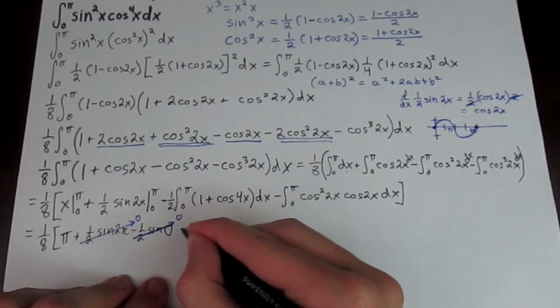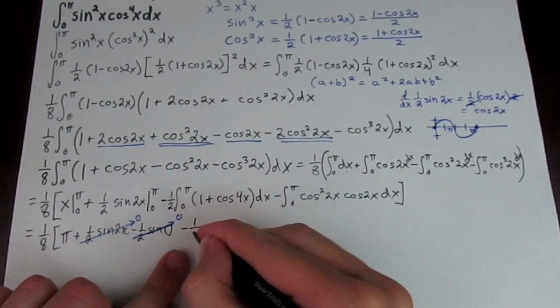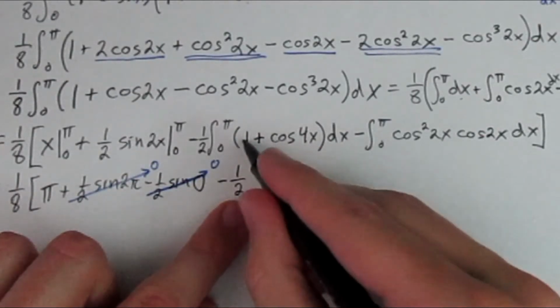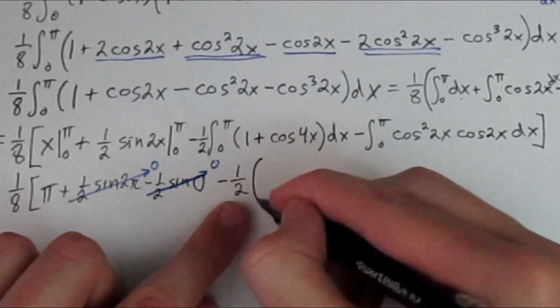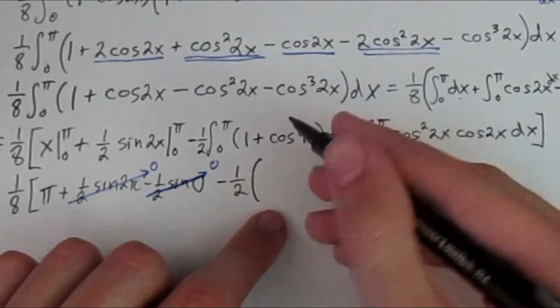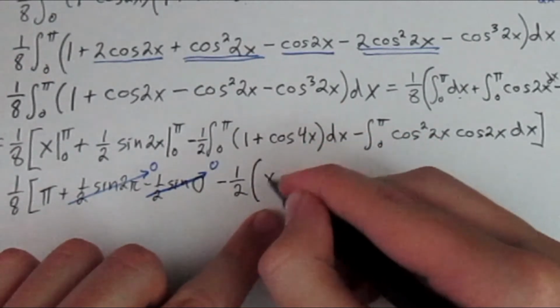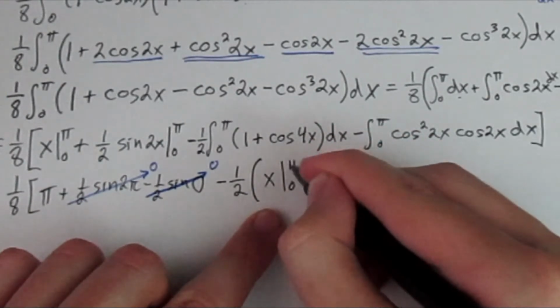And then that's subtracted by 1/2 times the integral of dx is just x. I'm going to put a parenthesis here. So the integral of dx is just x, evaluated from 0 to pi.